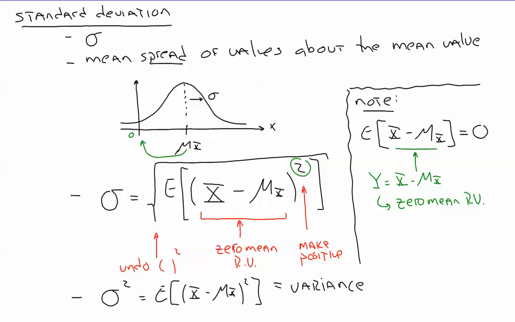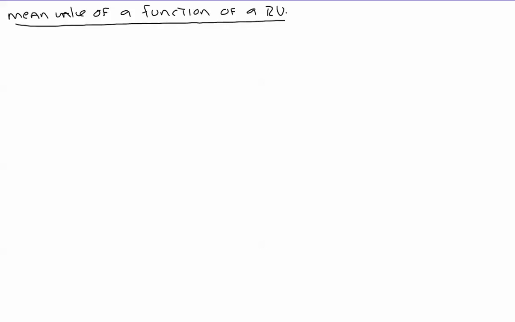First, though, let's talk about how to find the mean value of a function of a random variable. Let's find the mean value of a function of a random variable.